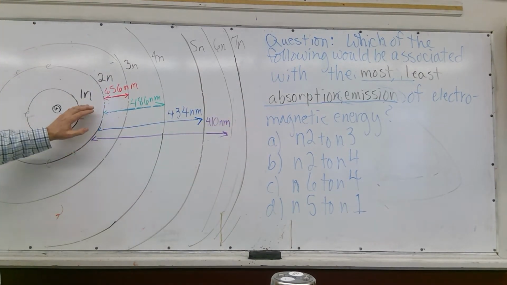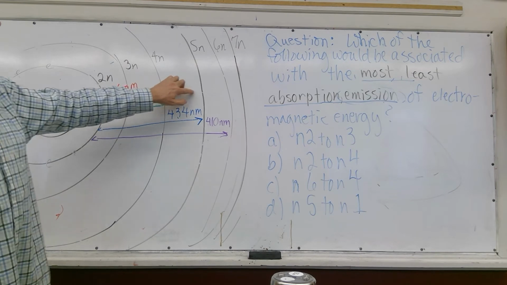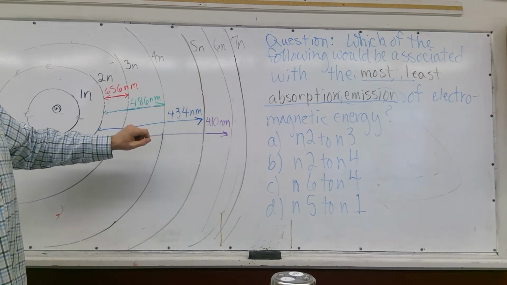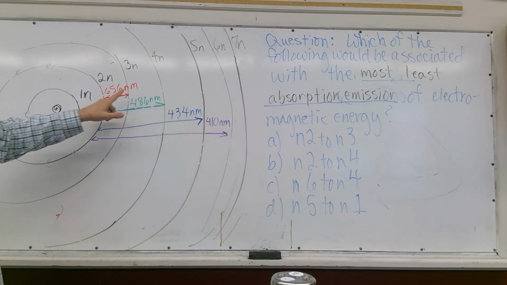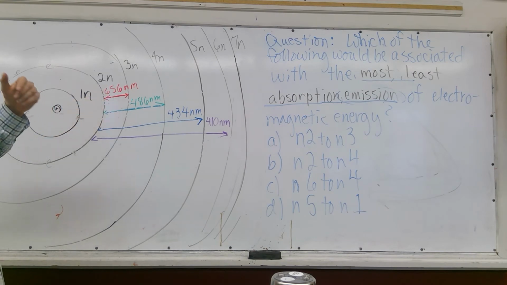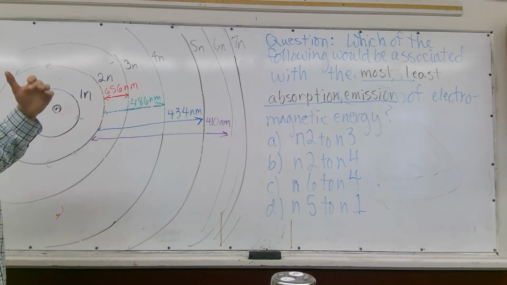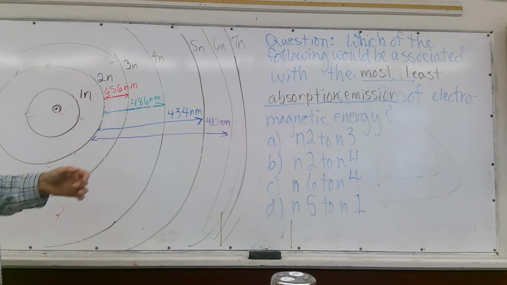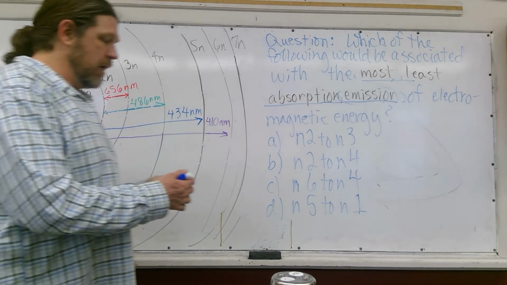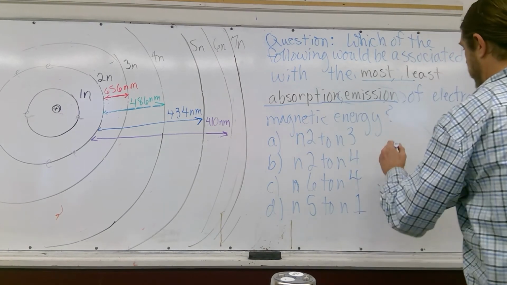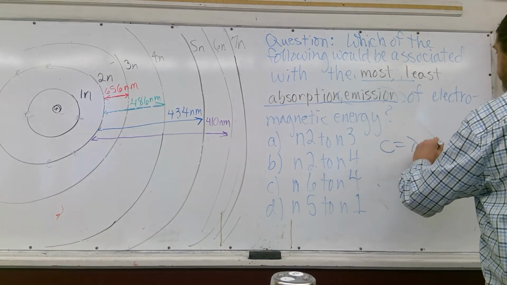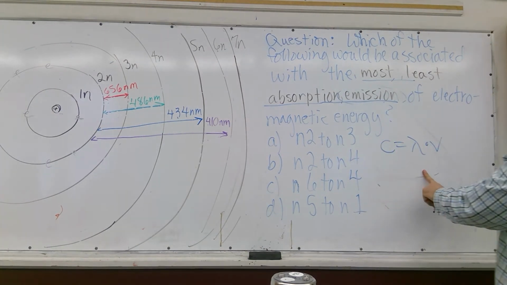Once again, that idea being the greater the quantum leaps, the shorter the wavelength. Notice how violet is shorter than red. The more that jumps back and forth, that means the higher the frequency. We know that because light wavelengths and frequencies are inversely proportional.